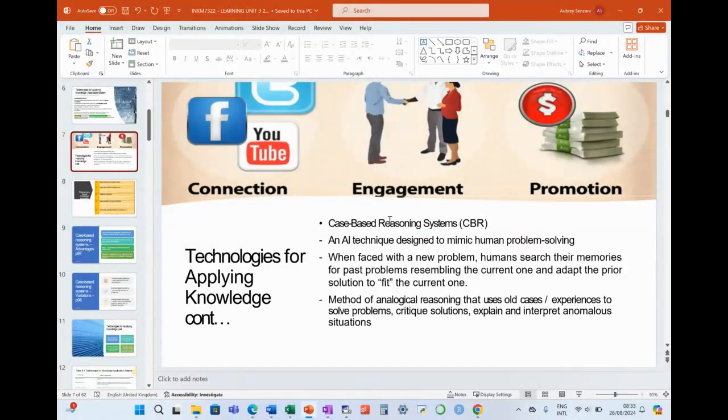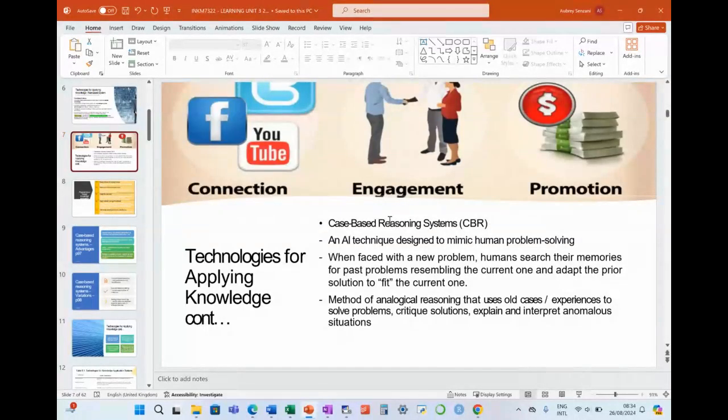For instance, when we go to court, all right, and someone may have been found guilty or we're still in the process of identifying whether that person is guilty or not. What happens? We have to look at how did we conduct previous cases of a similar nature, right? And then we need to identify what actually happened in this scenario, right?